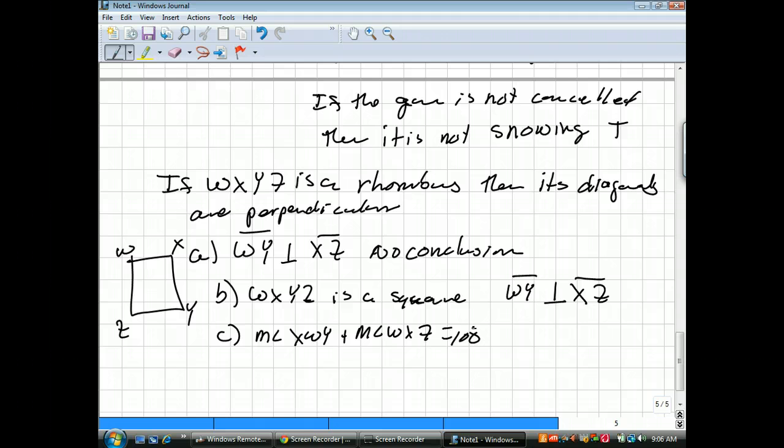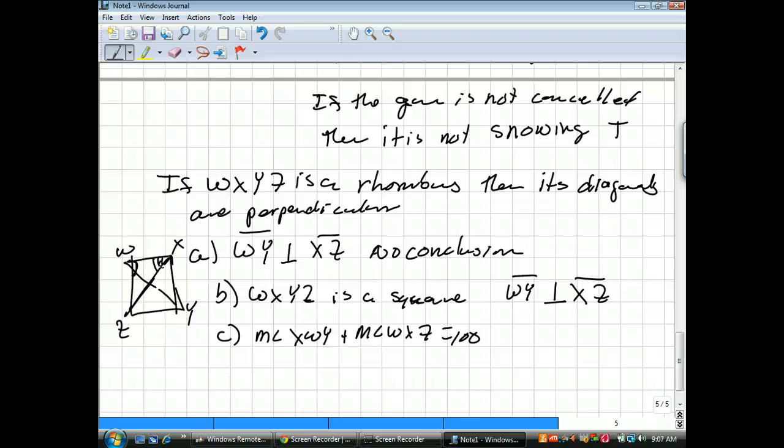So this angle, XWY, plus WXZ, that angle, we know that equals 100.